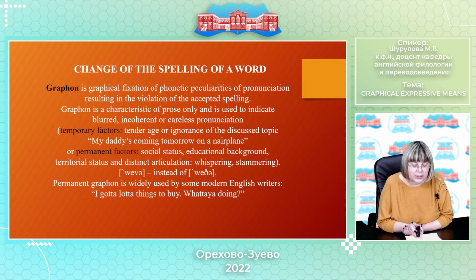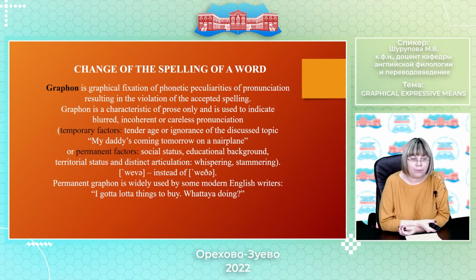Graphon proved to be an extremely concise but a very effective means of supplying information about the speaker's origin, for example, demonstrating his foreign accent or maybe a dialect, social and educational background, for example, uneducated speech, careless colloquial speech or baby talk, physical or emotional condition, for example, lisping, stammering, excitement or fear.